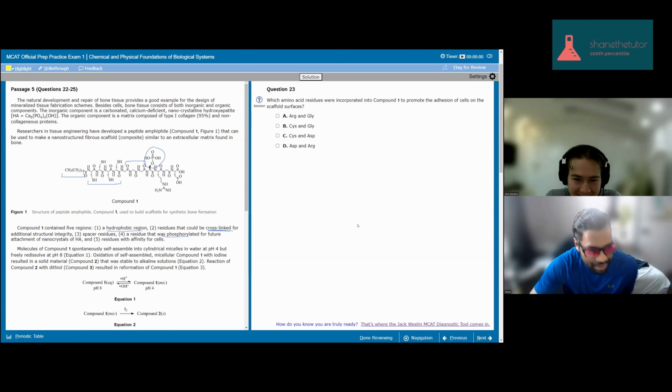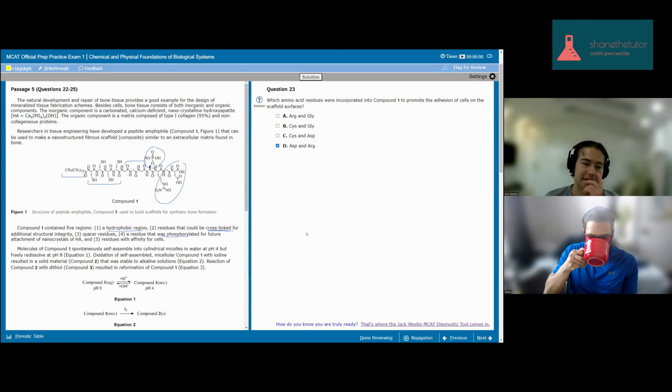And residues with affinities for cells. I don't know what that means, but these are the things that are left. So that would probably be the best. It's D. That's the only way really of going about this, right?